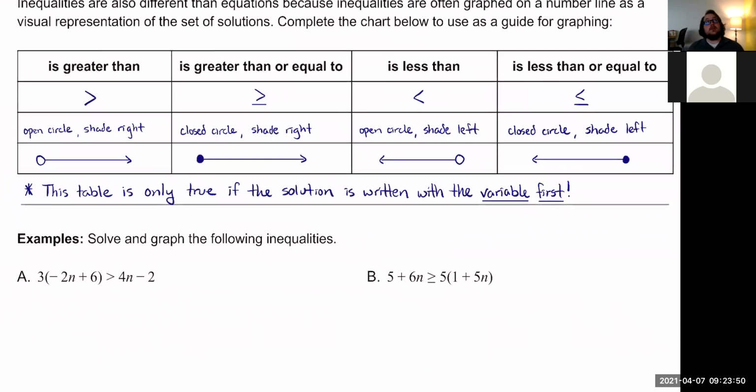So the table only works if your variable comes first in your final solution.